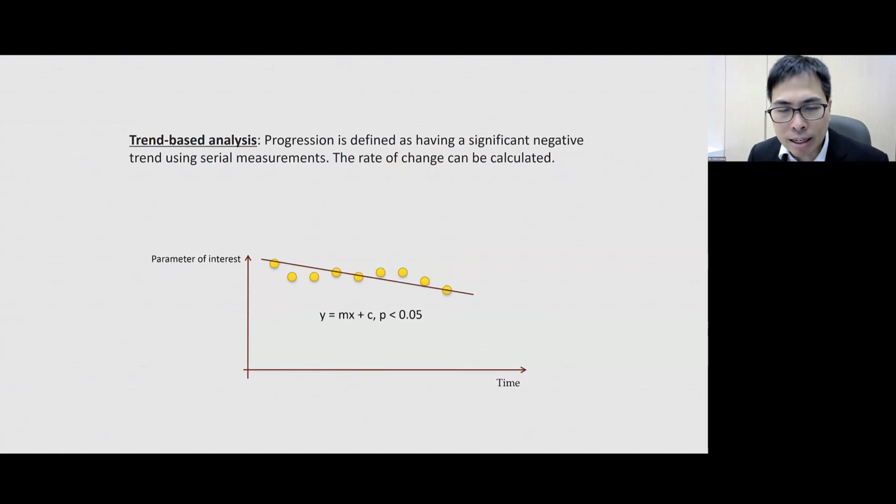For trend analysis, we make use of all data points we collected throughout a period of time, and then we perform a linear regression analysis to see whether there is a significant negative trend in this analysis. And if there is a significant negative trend, we call this progression.